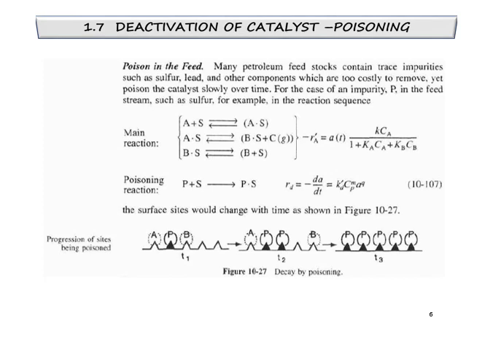So this is just an example of what happens in the reaction if a poison molecule is present in the feed stream. Let's take an example: reactant A will adsorb on a surface.